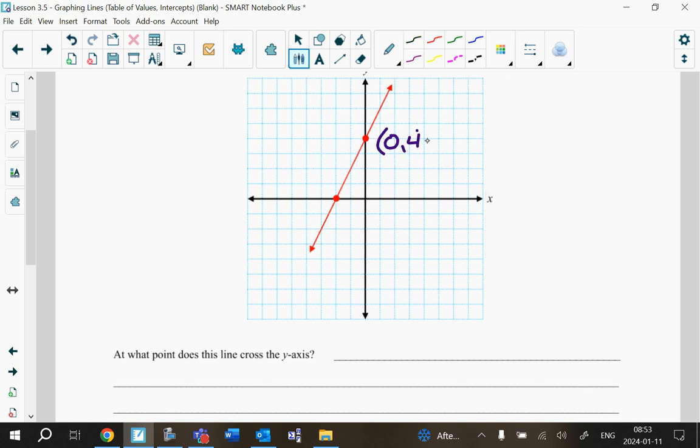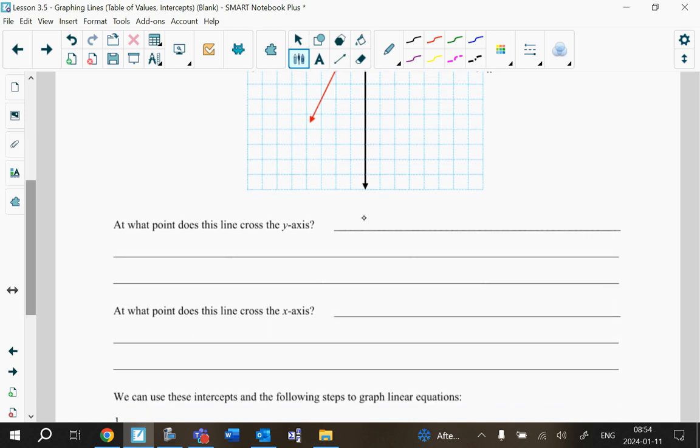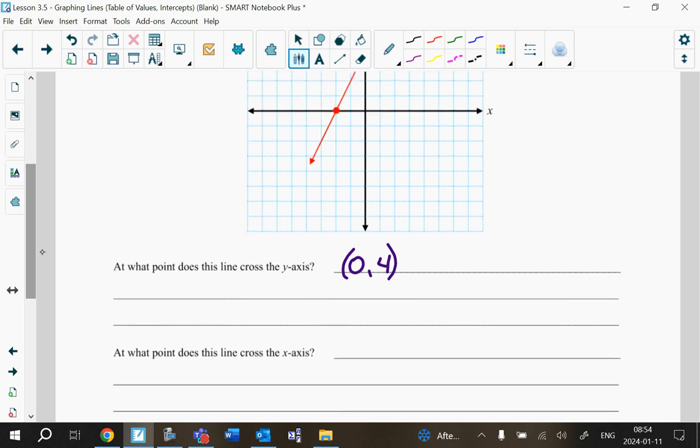Okay. So we'll just put this. What about the point where it crosses the x-axis? -2, 0. Okay.